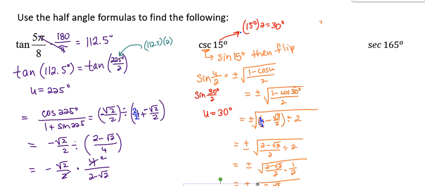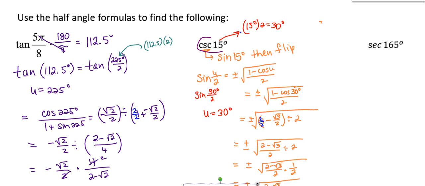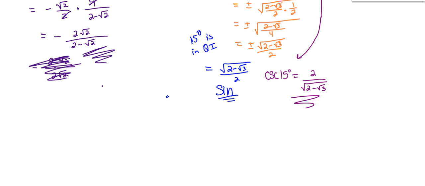And originally we were looking for cosecant. So if we go down here to the bottom with cosecant, that means the cosecant of 15 degrees is equal to 2 over square root of 2 minus square root of 3. And again, I'll let you leave it at that. But normally you would rationalize it.